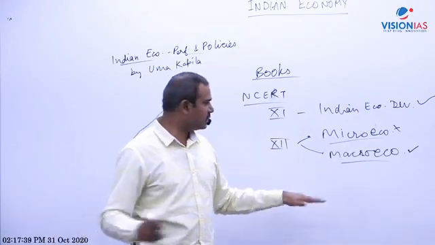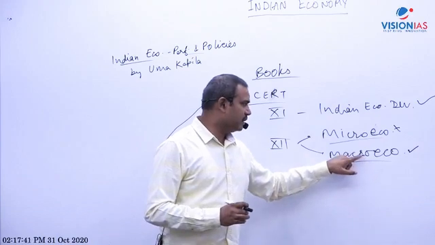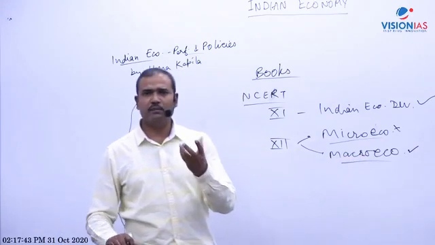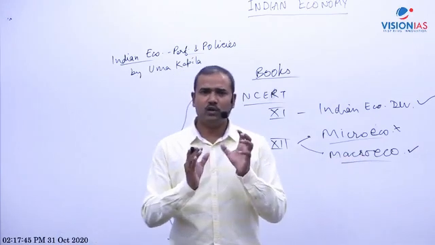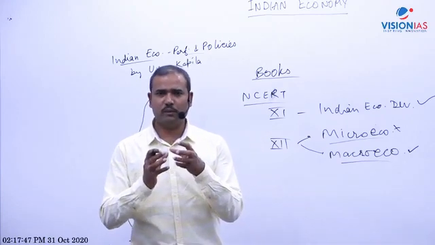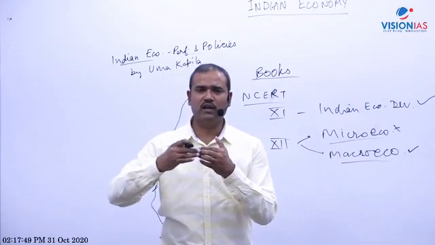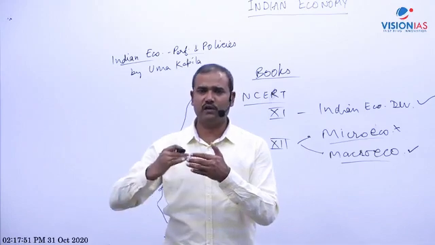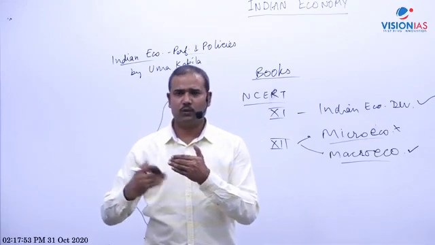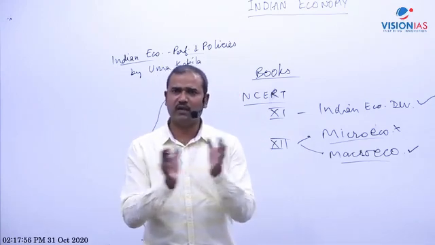Similarly, there's a chapter on the external sector, like balance of payment. You will find only what is balance of payment: the account of a country with the rest of the world, how much money we receive from the rest of the world and how much money we pay to foreigners. But you will find only basics, current account, capital account, only this.